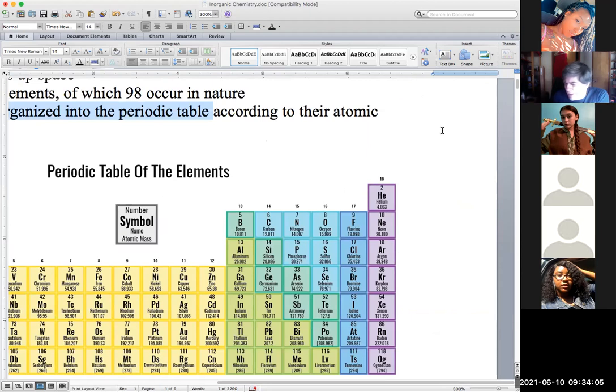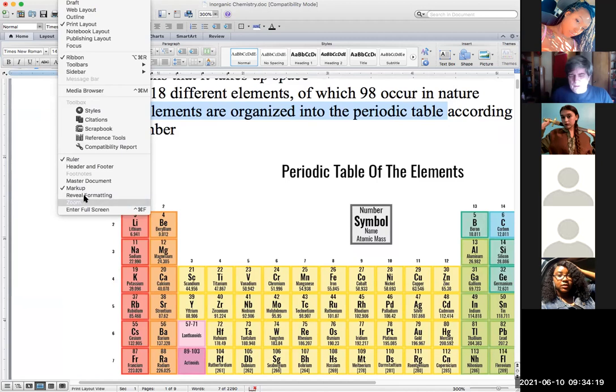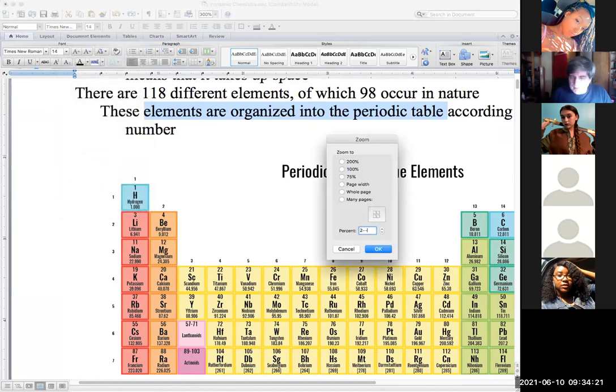So after number 1, hydrogen, we go to number 2, helium. And then the next element is number 3, lithium. And then number 4, beryllium. And then number 5, boron. So when we look at this periodic table, this organizes all the elements.